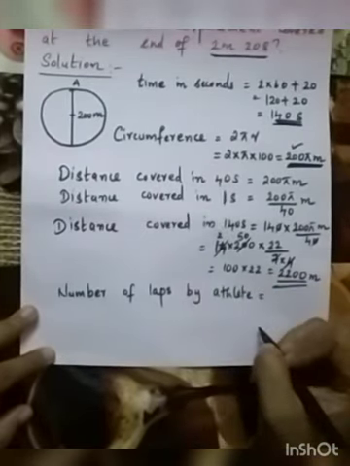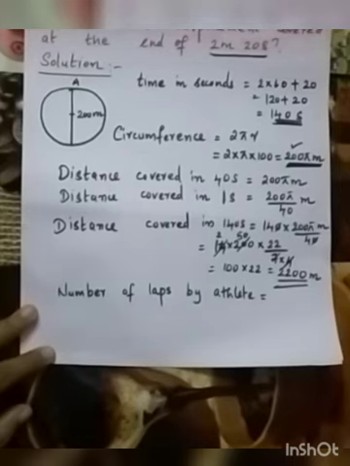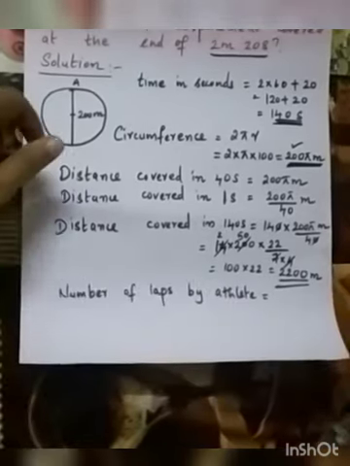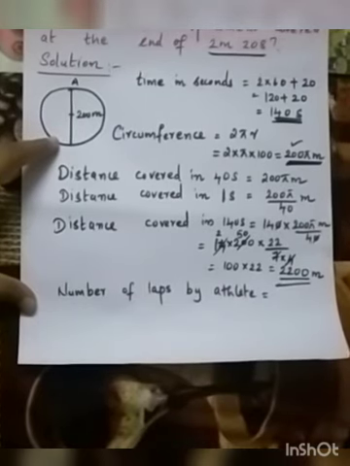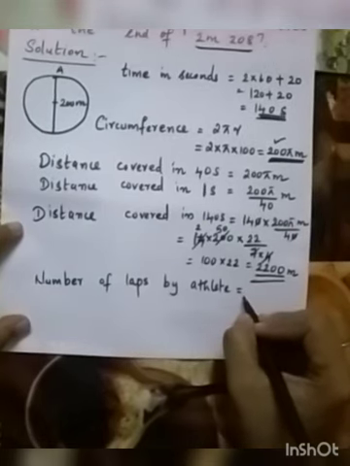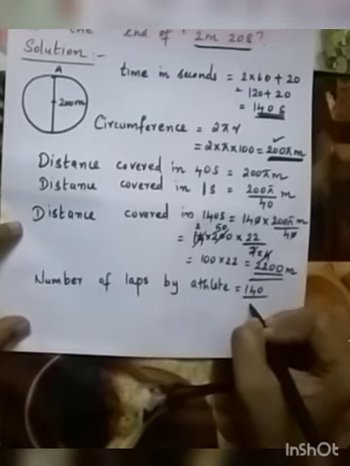How will you find the number of laps? Just divide the total time taken by the time taken to complete one round.